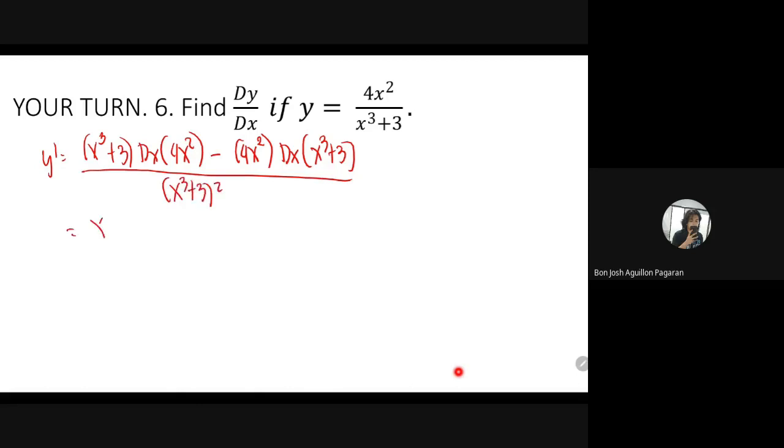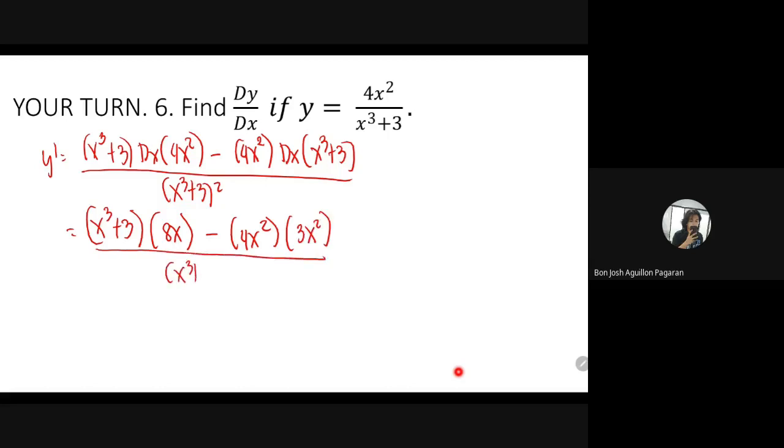So this will be x cubed plus 3, and derivative of 4x squared is 8x, minus 4x squared. The derivative of x cubed plus 3 is 3x squared over x cubed plus 3 quantity squared.